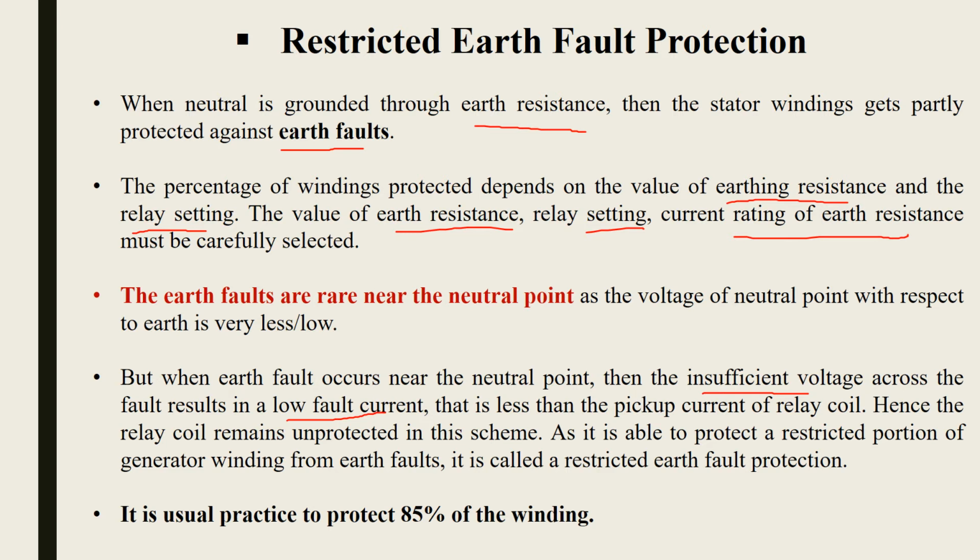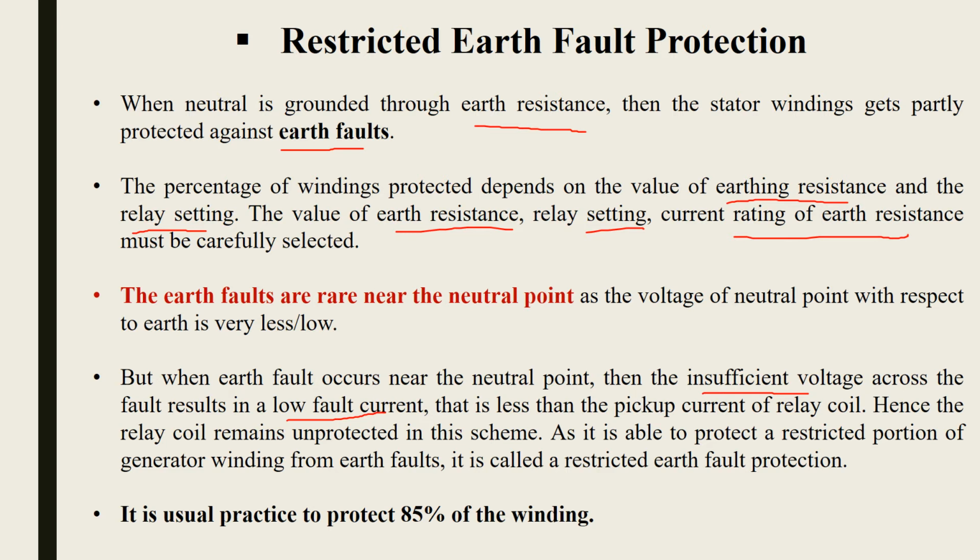In this case the relay will not get activated, therefore some part of the generator windings still remains unprotected. Since only a restricted portion of the generator winding is protected, this type of protection is known as restricted earth fault protection.